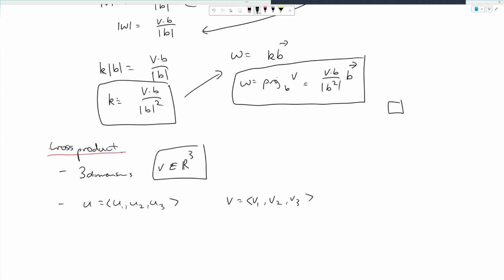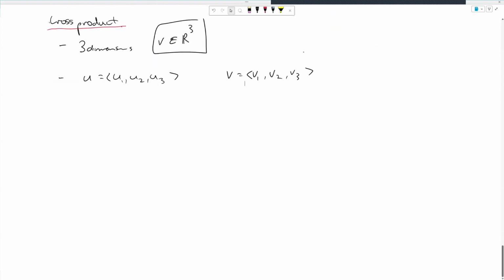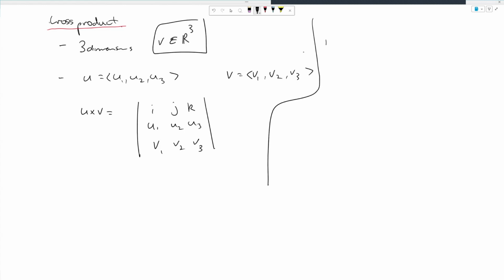Then the cross product, which is denoted by U times V, is equal to the determinant of the matrix with rows i, j, k, which are the basis vectors of the 3 dimensional space, then U1, U2, U3, and V1, V2, V3. So this is a determinant, not a length. If we remember from linear algebra, if you have done linear algebra, let's do a quick mini revision of this. So, determinant.